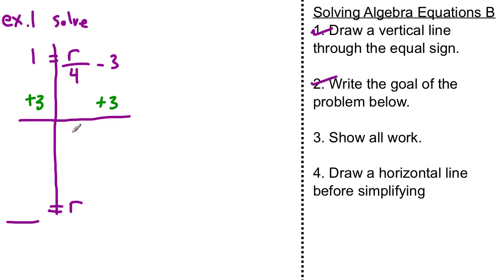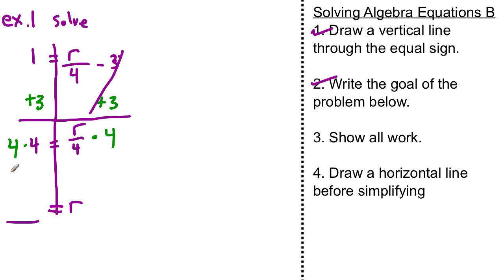And so we come down here, we've got r over 4 is equal to 4. This cancels. And now at this step, r is divided by 4, so we want to do the opposite of that. Instead of dividing by 4, we want to multiply by 4. We do that to both sides.